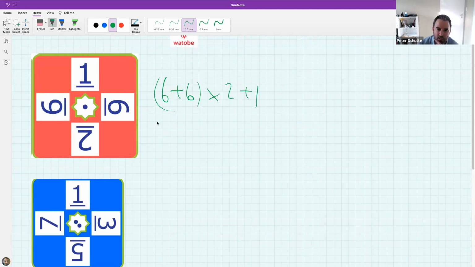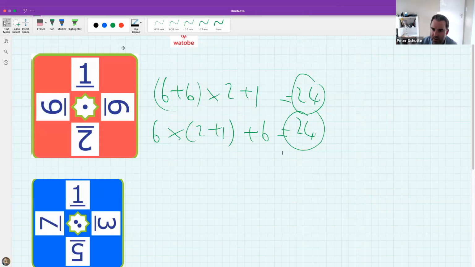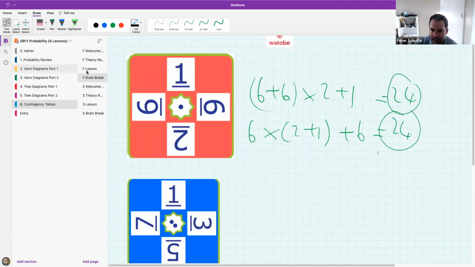And then another one I saw was 6 times 2 plus 1, which is 6 times 3 plus 6. And so that definitely gives us 24. Yep, I like it. Very nice. Okay, cool. Well, then you've solved that. Well done to everyone. I like the enthusiasm for Math 24.